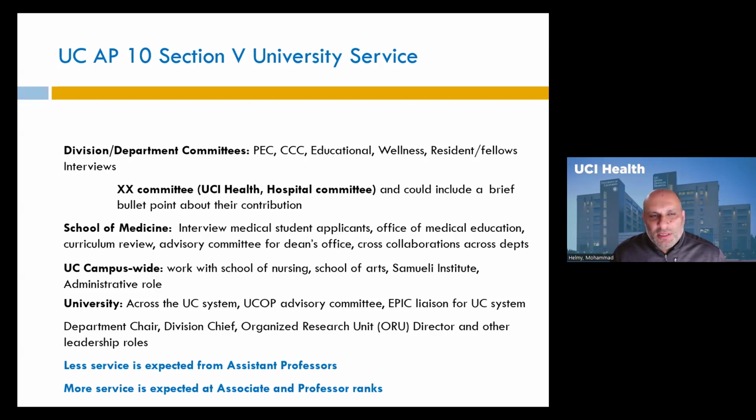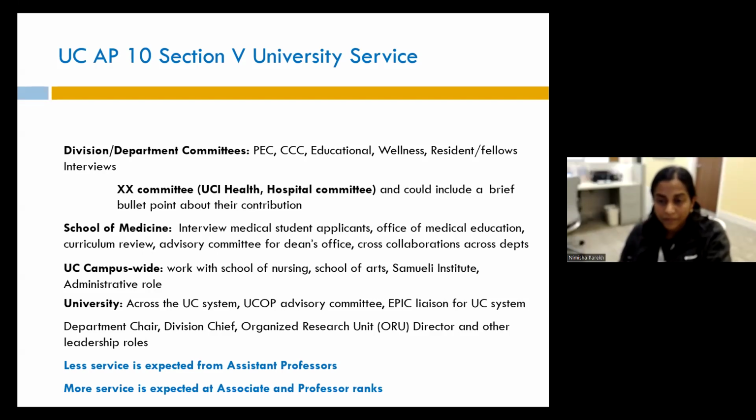If there is a line of service that transcends multiple departments, it would be appropriate to put under School of Medicine. And similarly, as you mentioned, if we're doing inter-school collaborations between nursing, public health, or the School of the Arts and Humanities, then it would be reasonable to put that under campus-wide.